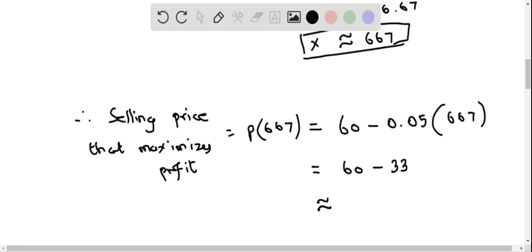This gives 60 minus 33, which is 27, and this has to be in dollars per item. Since it is a selling price, it is in terms of dollars per item, and this answers part C.